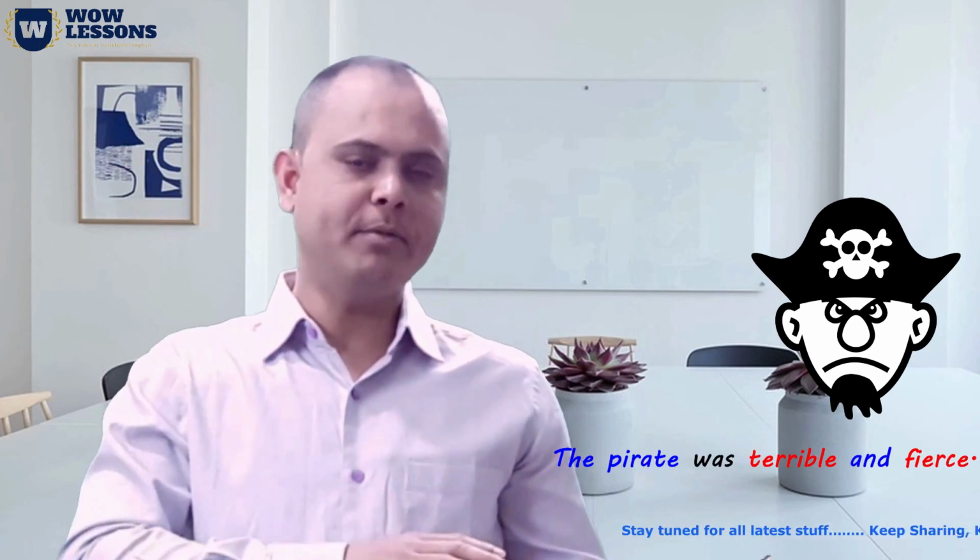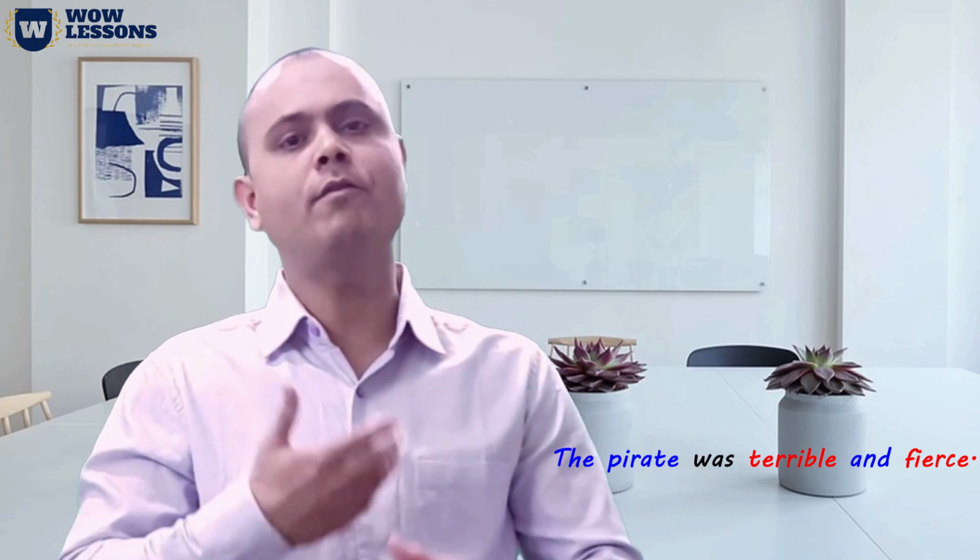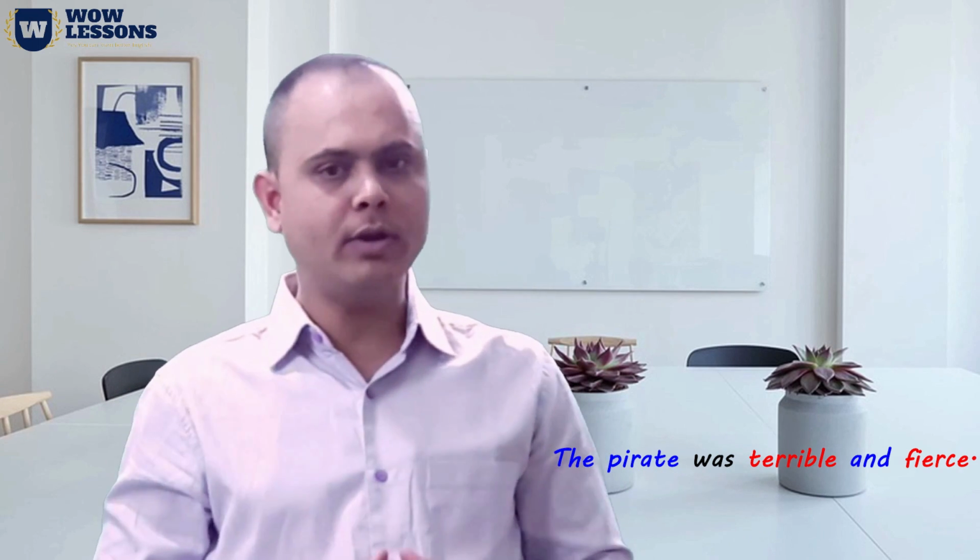Pirate equals terrible and fierce. We are basically saying there is an equivalency there, so both terrible and fierce modify pirate. Note that when you see linking verbs, most often they are a form of to be, like in this particular example, was.